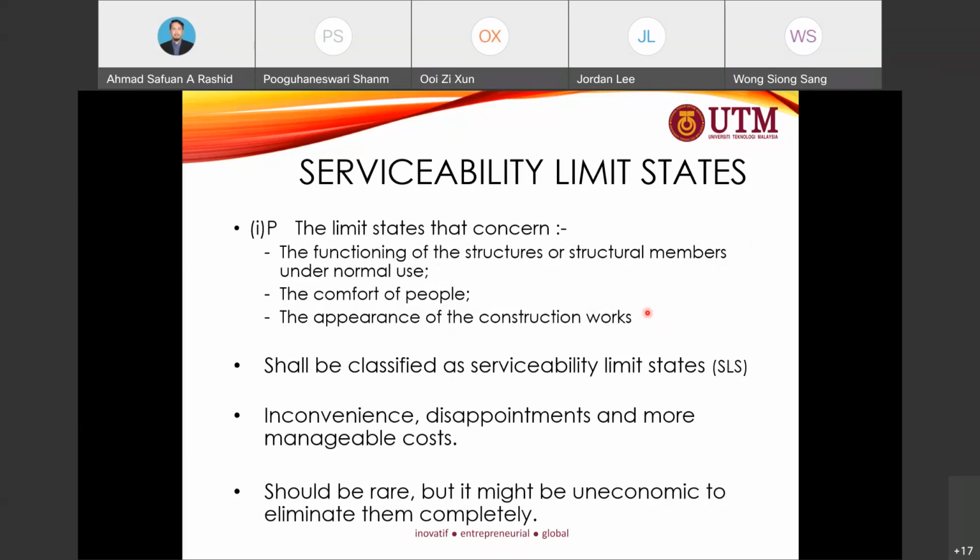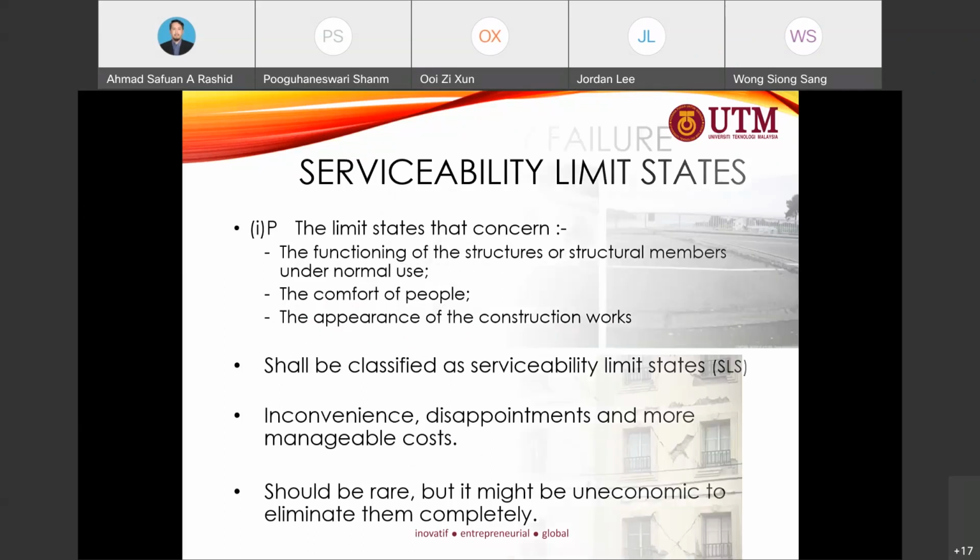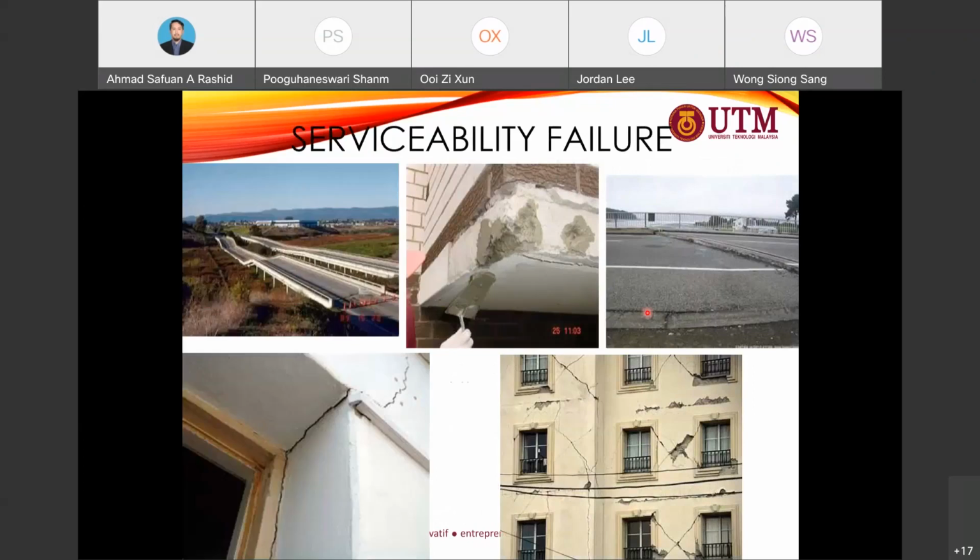It should be rare, but it might be uneconomic to eliminate them completely. So this is an example of serviceability failure, where they have a crack or excessive settlement happening at the structure.